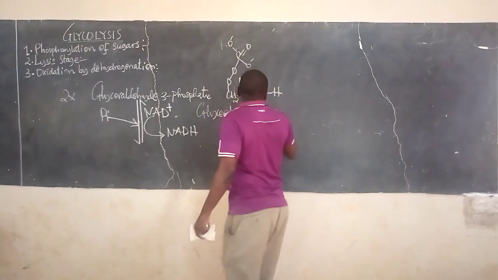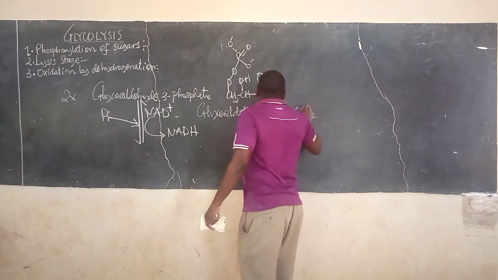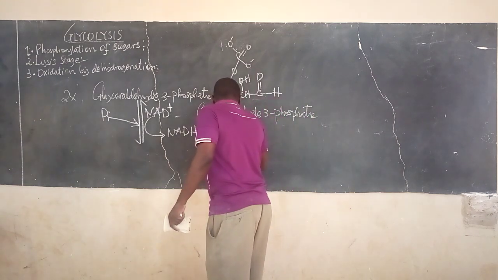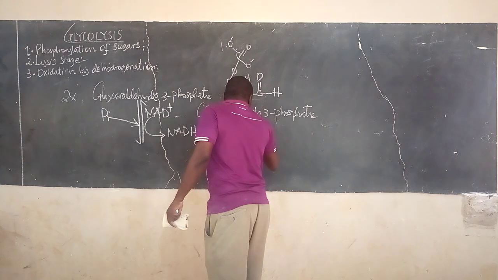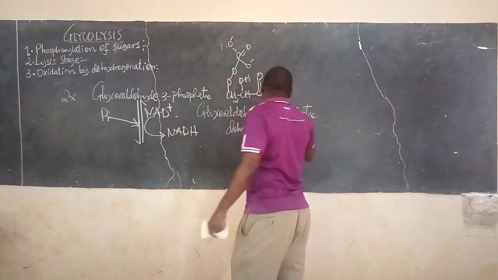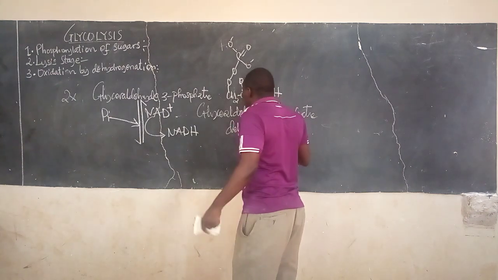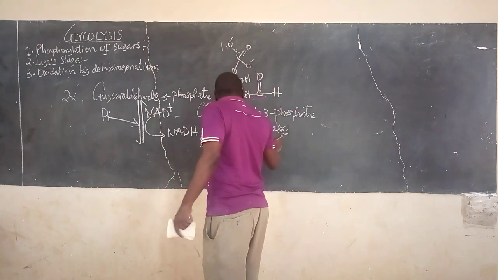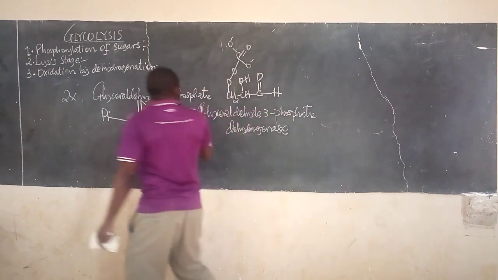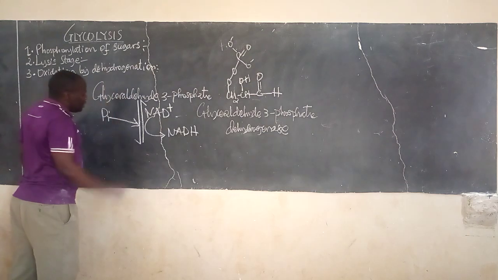glyceraldehyde 3 phosphate dehydrogenase. Dehydrogenase means oxidation, because we are going to remove hydrogen and add to form a carboxylate.